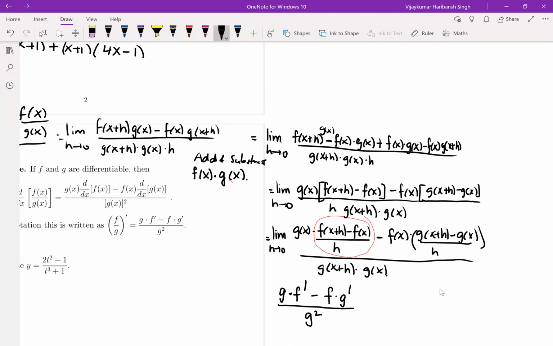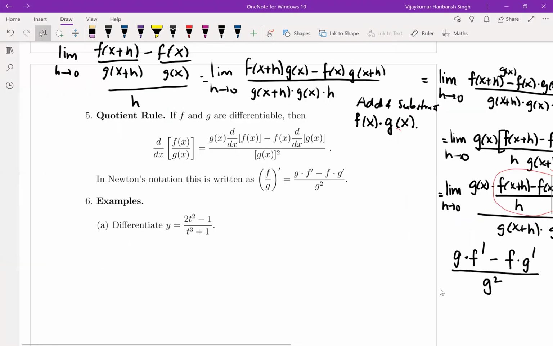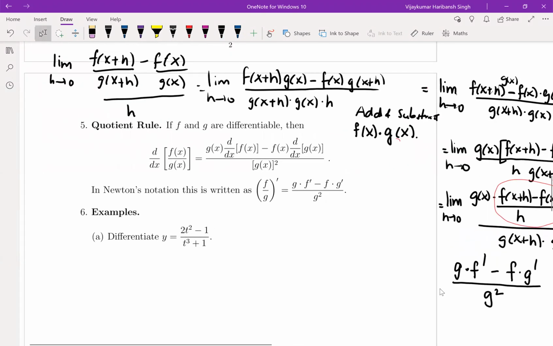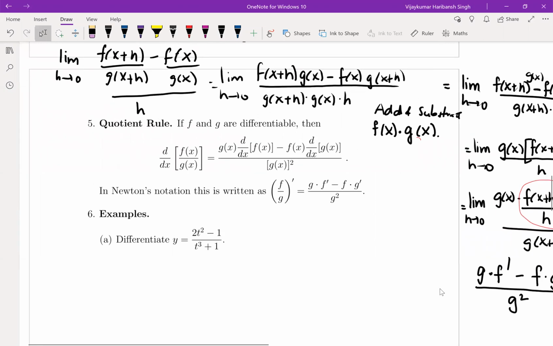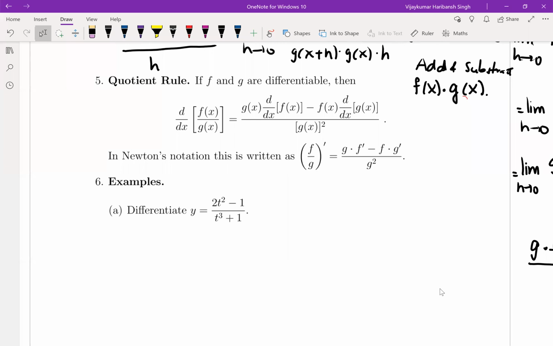So this is how the quotient rule comes into the picture. Okay. So now let's apply the quotient rule to do the following problem. So we have y equals 2t square minus 1 upon t cube plus 1. So we want to compute dy by dt. So again, you can use either one of the notations. I generally prefer d by dt notation, but it's up to you.